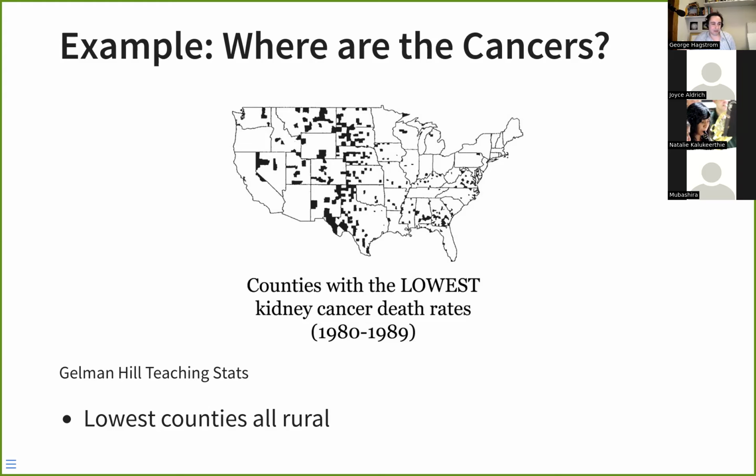What I want you to notice about these counties is that the lowest kidney cancer death rate counties are all rural counties. I don't think it's a stretch to go from this figure to the conclusion that there's something special about rural counties that prevents cancer, or at least that prevents kidney cancer.